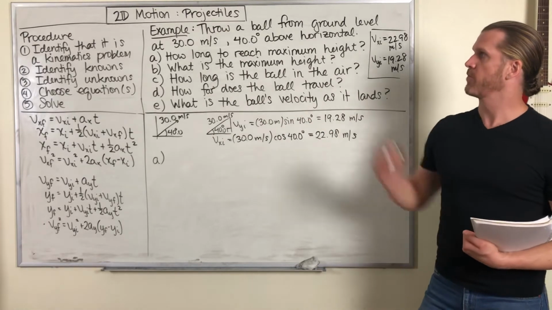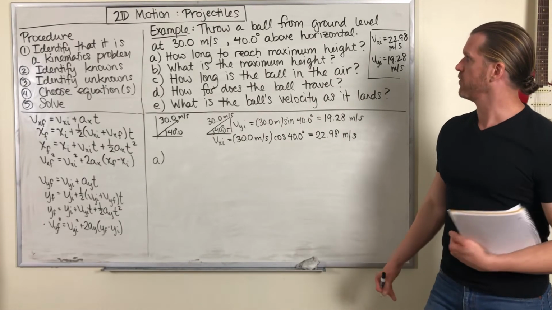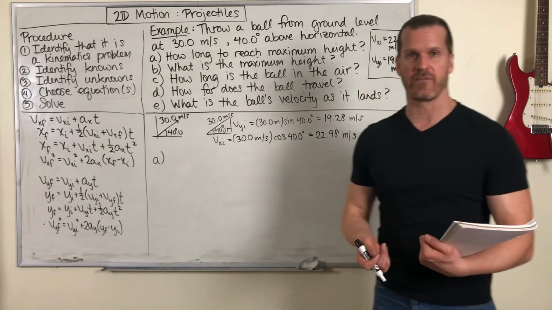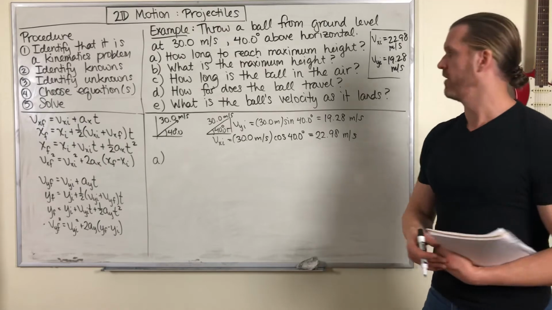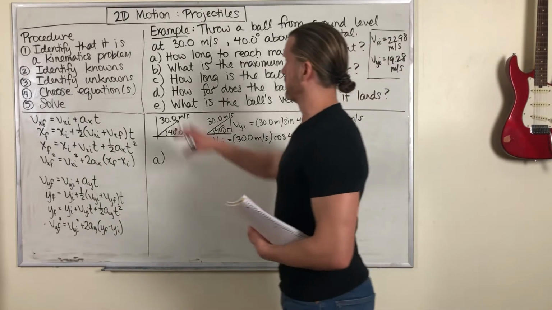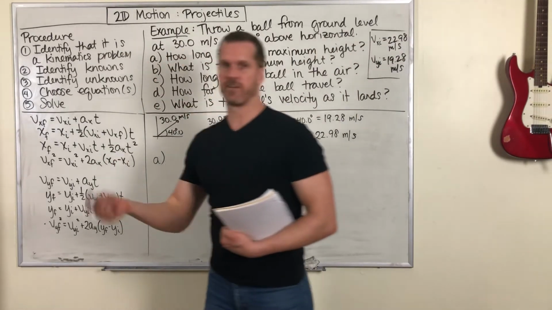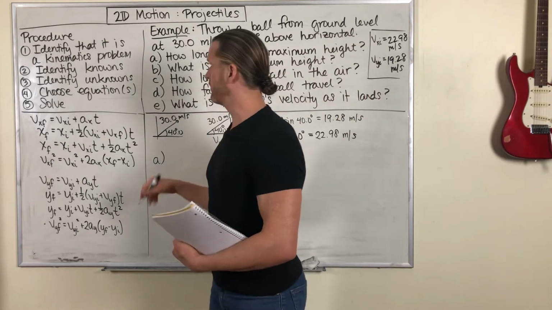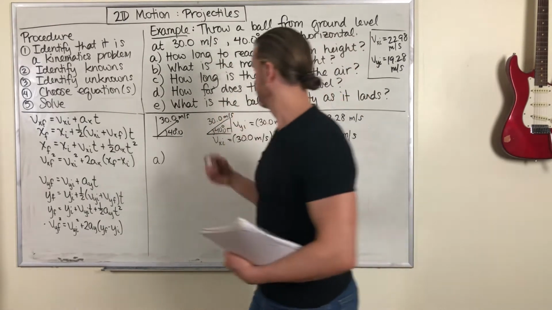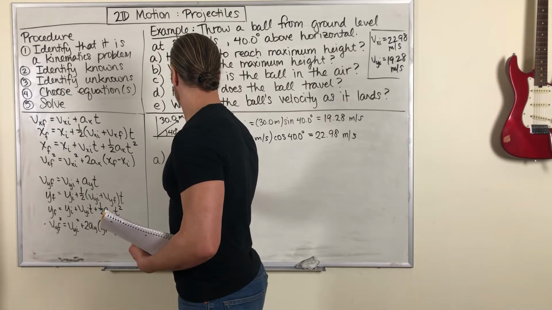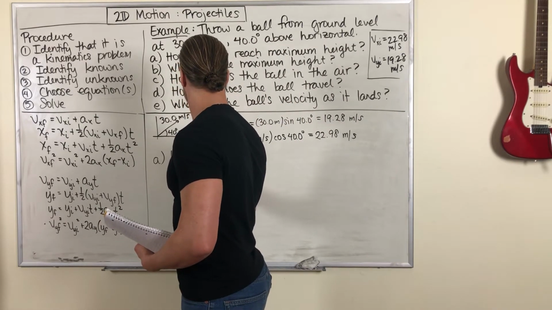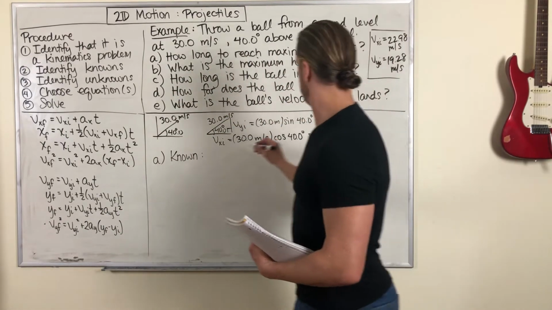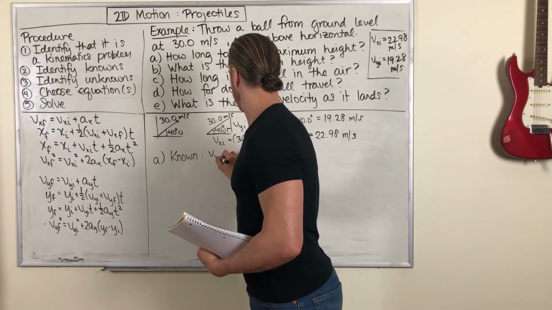We'll follow our problem-solving procedure. So, part A, the question is how long does it take to reach the maximum height of that motion? So, let's go through our procedure. We identify that it's a kinematics problem. Sure it is. Now let's identify what we know. All right, well, we know Vx initial.